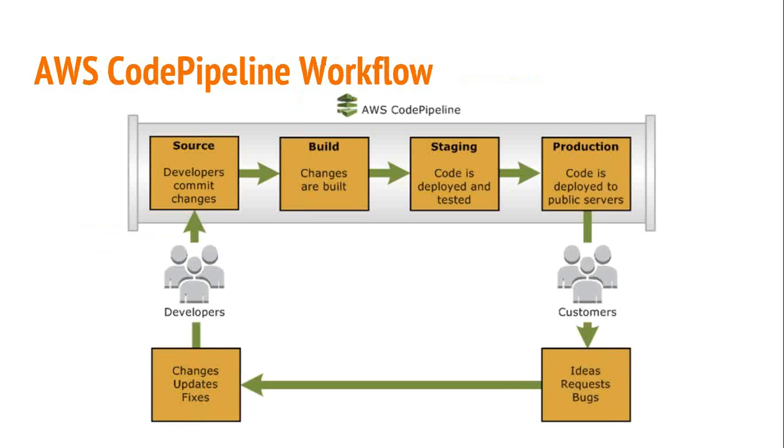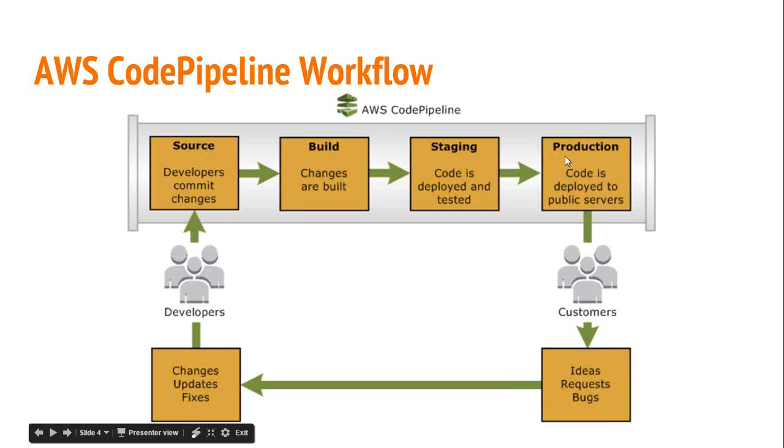So basically this is the AWS CodePipeline workflow. Generally, developers will check in their changes to GitHub or AWS CodeCommit or different version control systems. Once the developer checks in their code, a build will automatically initiate. Once the changes are built, the code is deployed and tested in the staging environment, and once staging is completed, next it will be pushed to production.